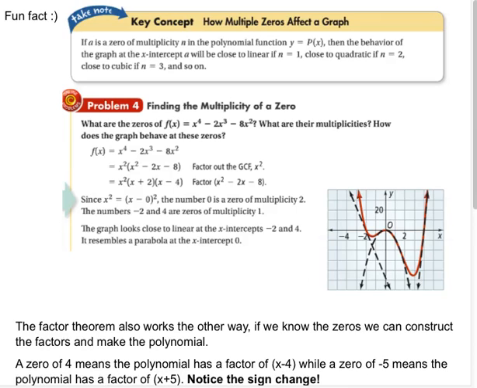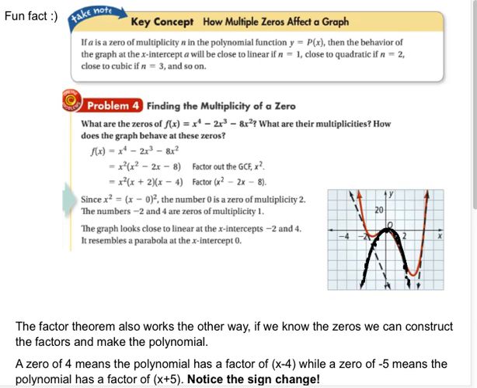Now, just a little fun fact for you is those multiplicities, they affect the graph. When you have a multiplicity, so this 0 has a multiplicity of 2, look at how the graph curves right there. A multiplicity of 2 is giving it a curvature like an x squared function, like a quadratic.